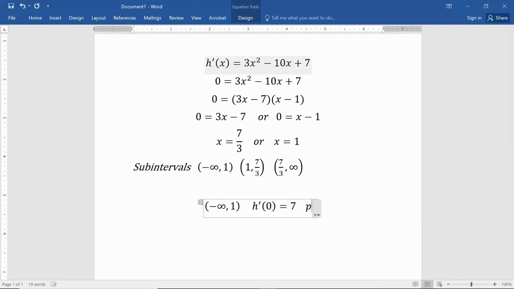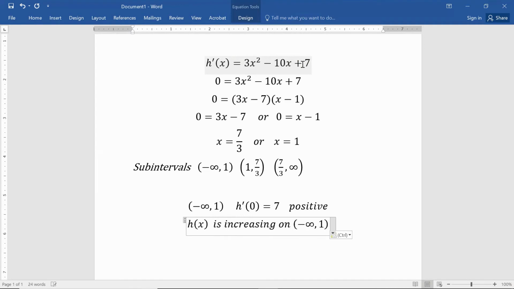The important thing there is that the derivative is positive. So that means the original function, h of x, is increasing on the interval from negative infinity up to 1.